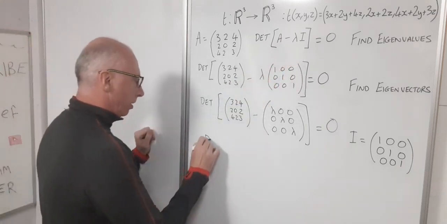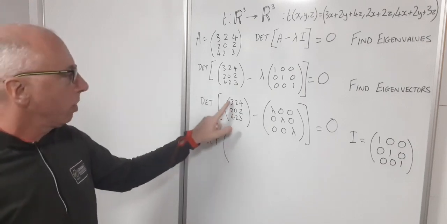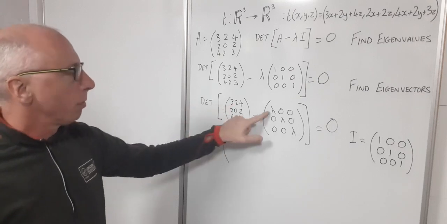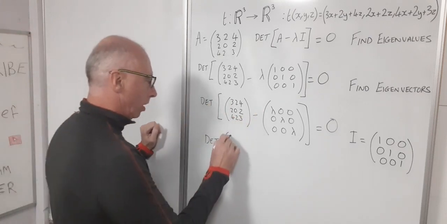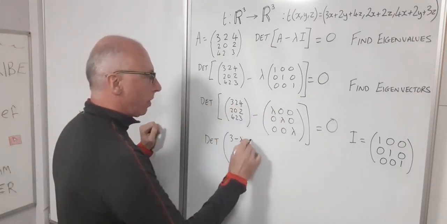So now we've got the determinant of that will be, now just go to one matrix, because subtracting one matrix from another is just each individual component subtracted individually. So 3 minus lambda, 2 minus 0, 4 minus 0, so they just stay as they are.